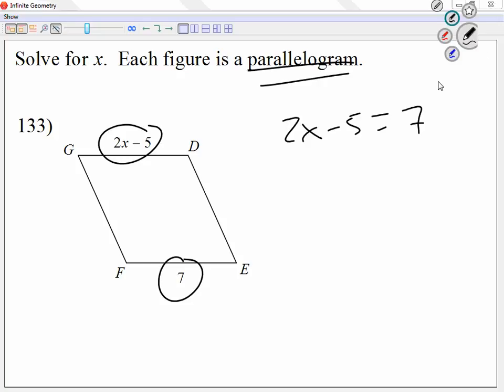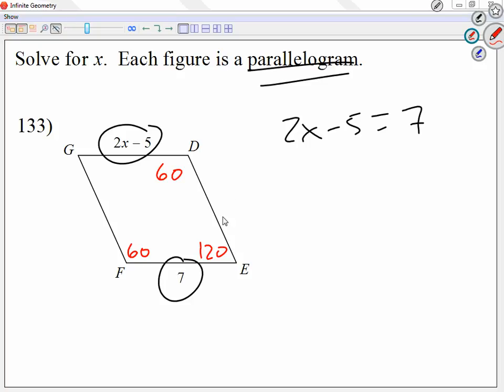Opposite sides are equal. But in a parallelogram, I will also deal with the angles. If I give you guys one angle, let's say angle D was 60 degrees, you know angle F should also be 60 because opposite angles are congruent. And so you guys will be dealing with questions that have opposite angles. But if angle D is 60, I'm going to say angle E is 120, because remember, adjacent angles have to add up to 180.